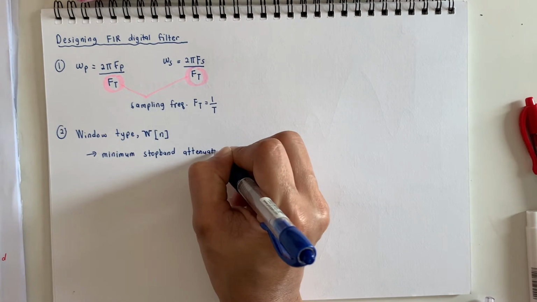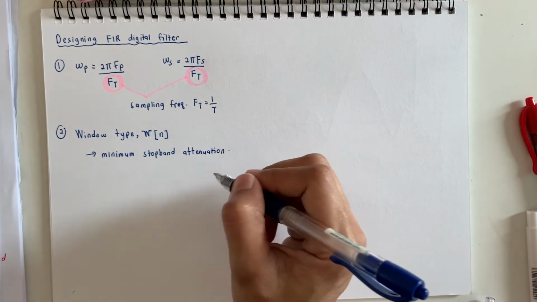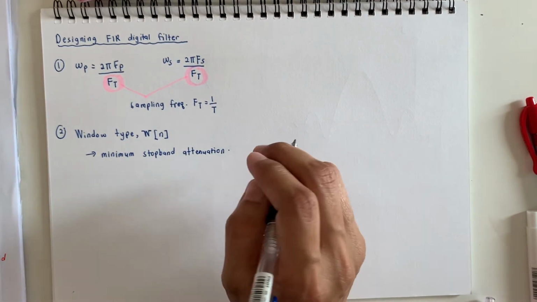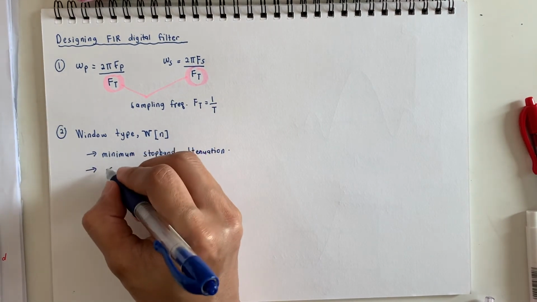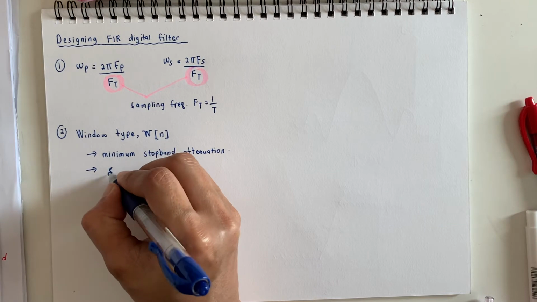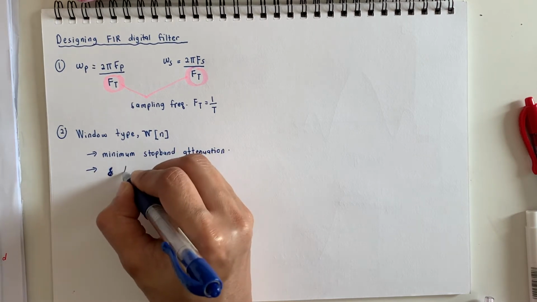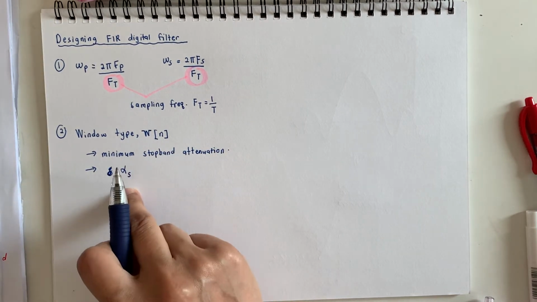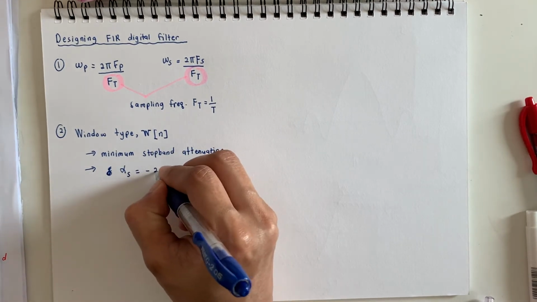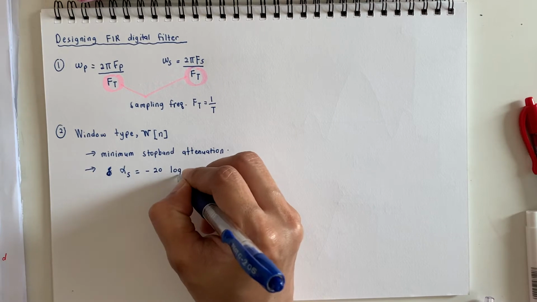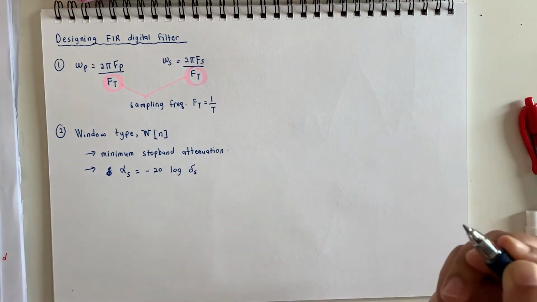If you cannot find the minimum stop band attenuation value in the question, you can find it based on this formula: alpha s, which refers to the stop band attenuation, is equal to minus 20 log delta s.